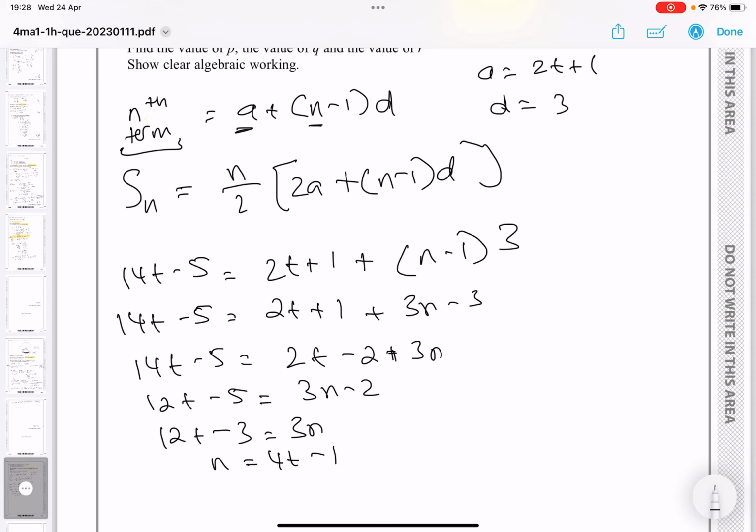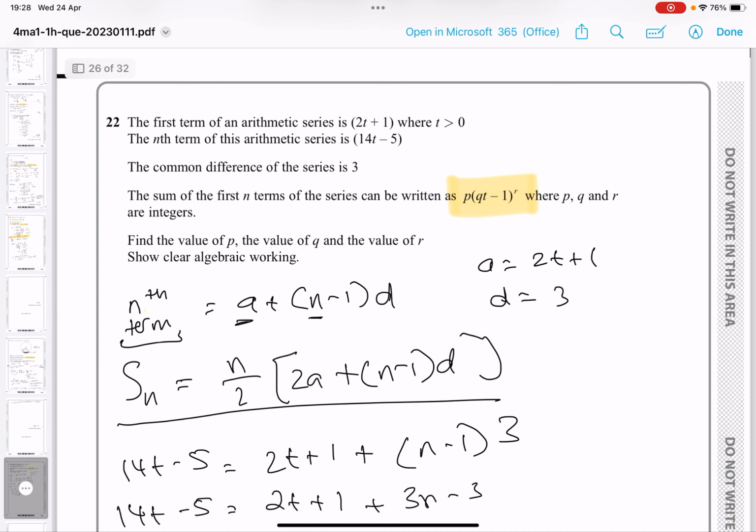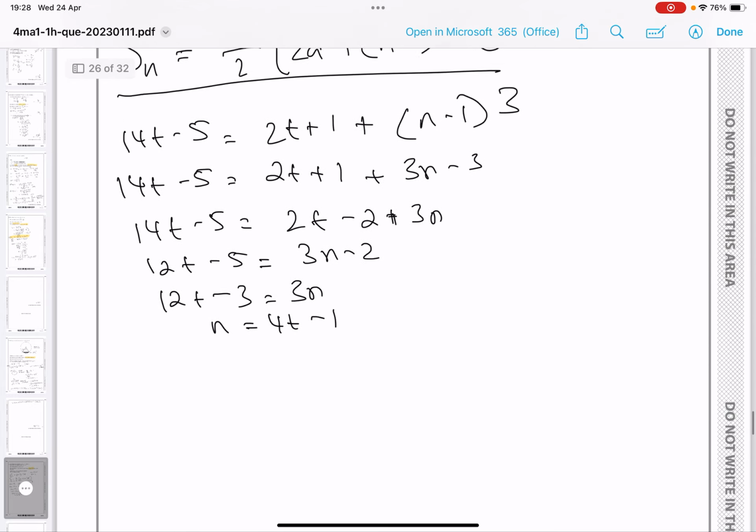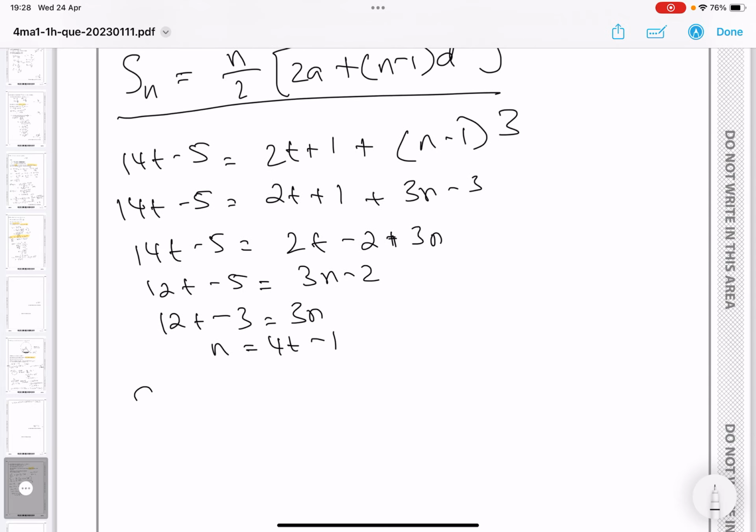Okay, so now that we found out what n is, we can substitute it into this formula here, Sn, to work out the sum, which they've asked for, the sum of the first n terms. And we have to make sure we write it in that format to work out what p, q, and r are. So Sn is equal to n over 2, so n is 4t minus 1 over 2, multiplied by 2 times a.